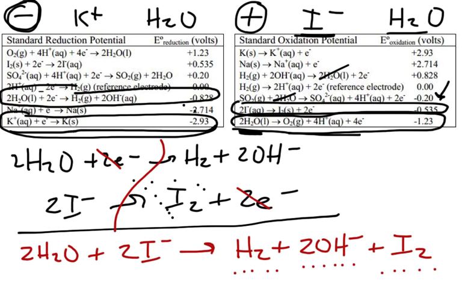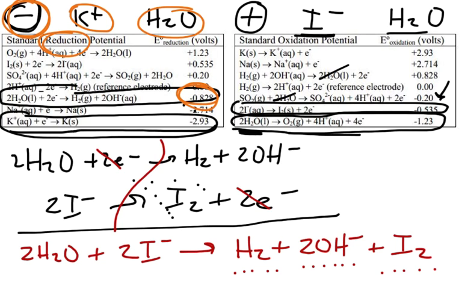So for each situation, you say, okay, at the negative side, we want to look at the reduction chart and pick out the positive ion that would be attracted to the negative side, and water is also a possibility. So in this case, water is the more likely reaction.